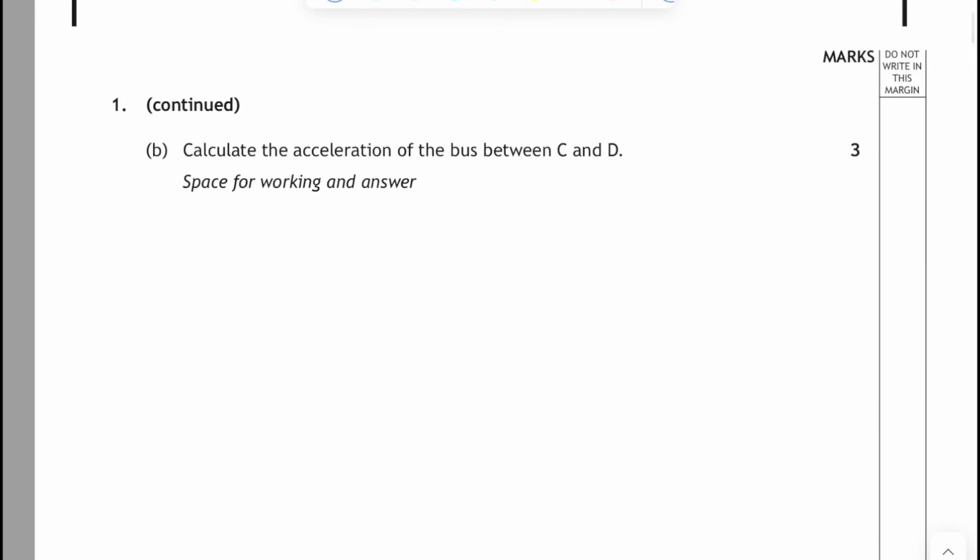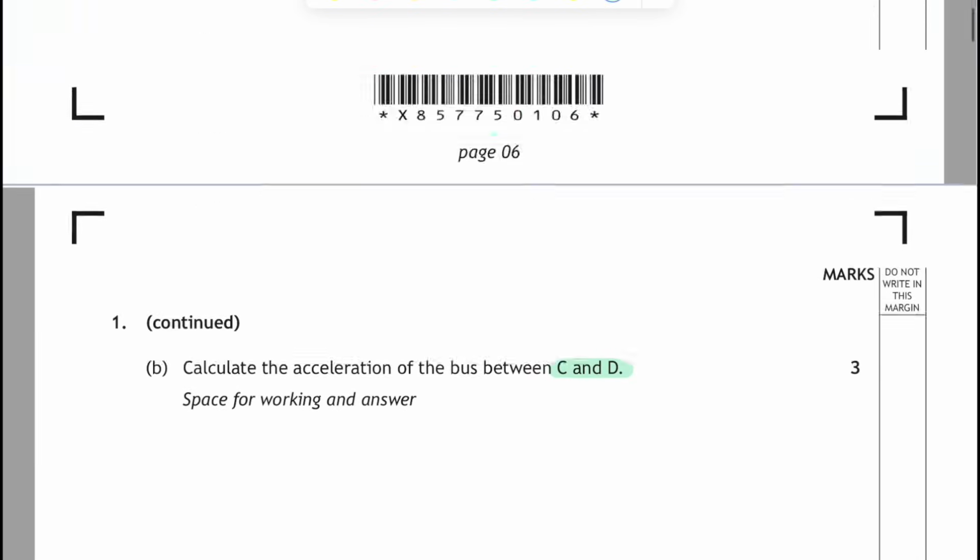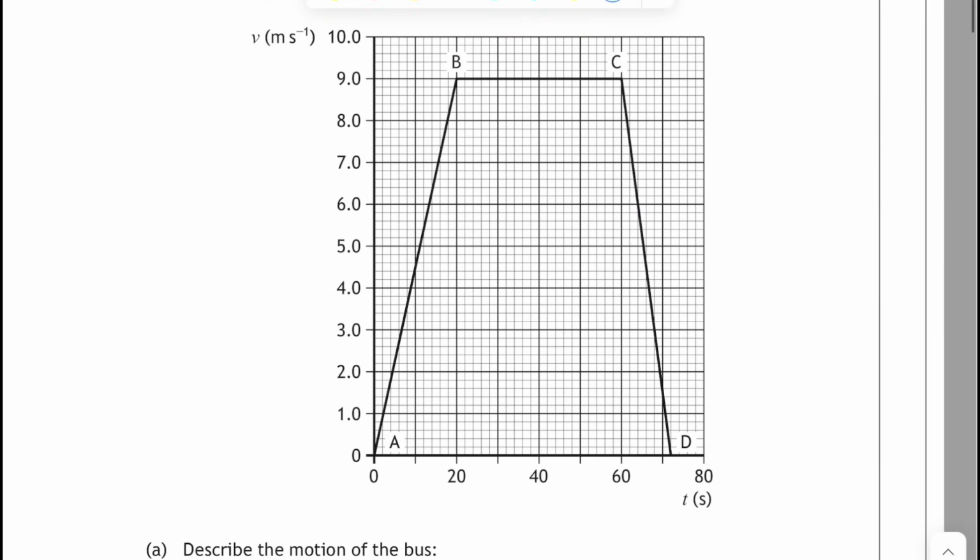And then for part B, we have to calculate that acceleration between C and D. So let me go back up to the graph. I'm going to do this beside the graph so we can see the numbers at the same time as I do the calculation here. So we go to our relationship sheet. We're looking for the acceleration equation, a equals v minus u over t. Final speed at point D is 0. The starting speed was 9 meters per second.